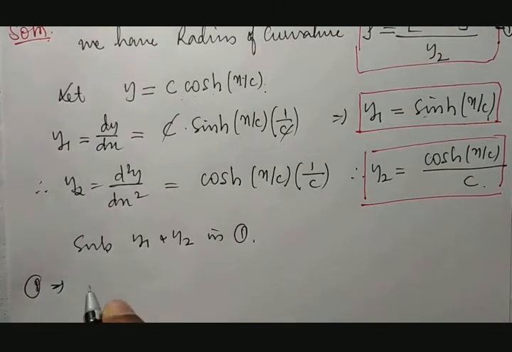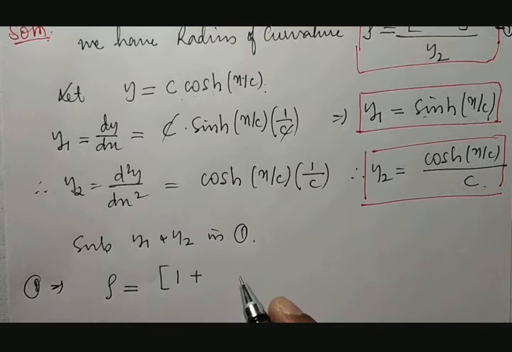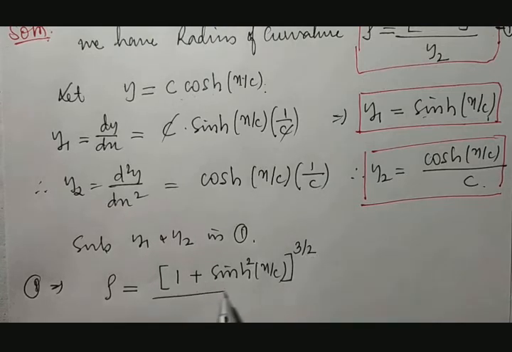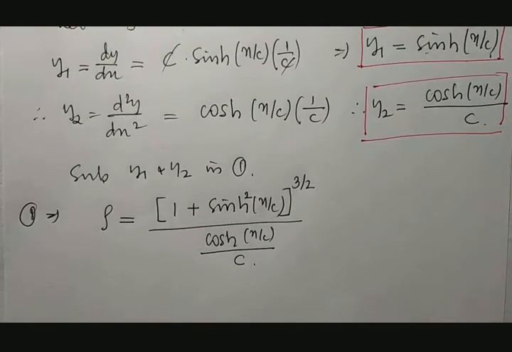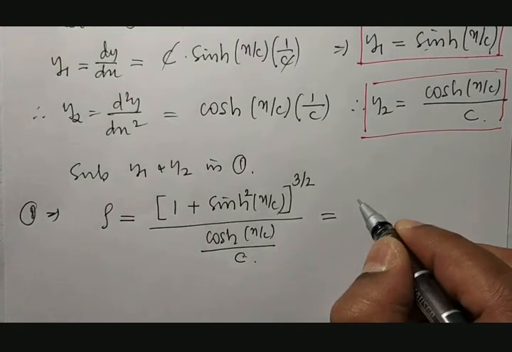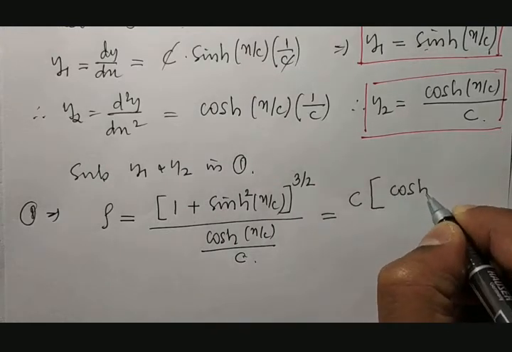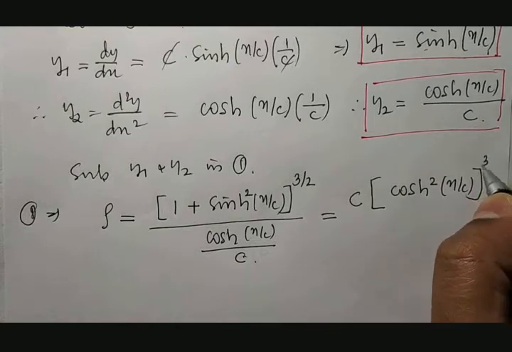Therefore, equation number 1 becomes radius of curvature rho is equal to 1 plus y1. What is y1? Sine hyperbolic x by c, the square, that raised to 3 by 2, divided by cos hyperbolic x divided by c, whole divided by c. So c goes to the numerator, into 1 plus sine hyperbolic square, and 1 plus sine hyperbolic square is cos hyperbolic square x by c, raised to 3 by 2.